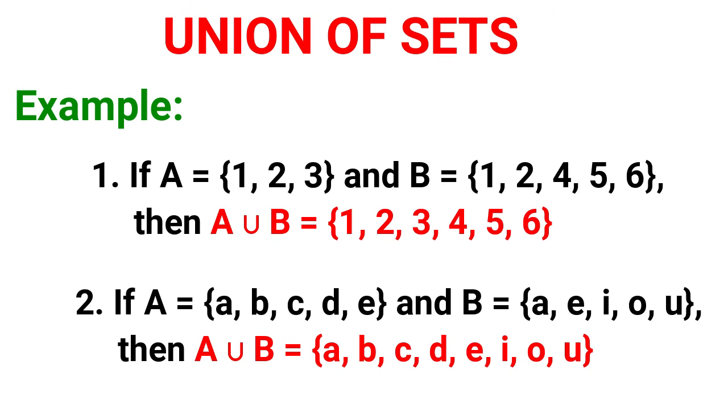Number 2, if A is equal to {A, B, C, D, E}, and B is equal to {A, E, I, O, U}, then A union B is equal to {A, B, C, D, E, I, O, U}.